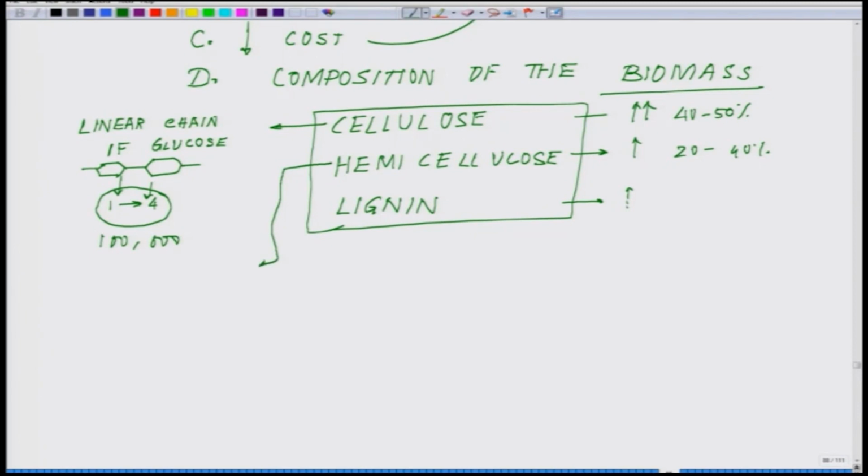The difference between cellulose and hemicellulose is, this is a very mixed polymer.